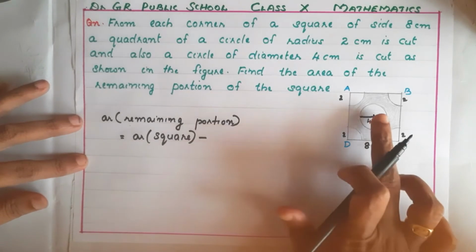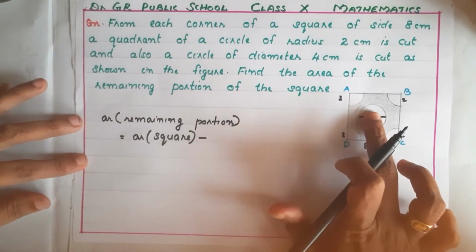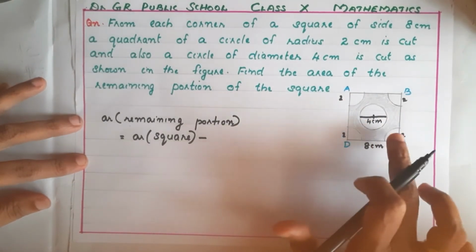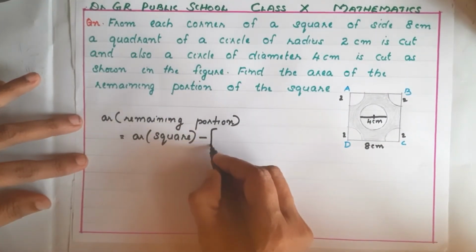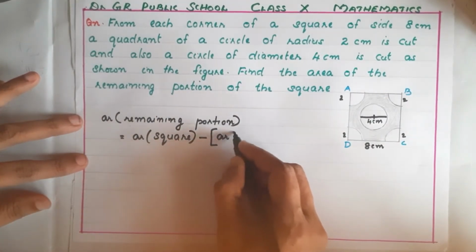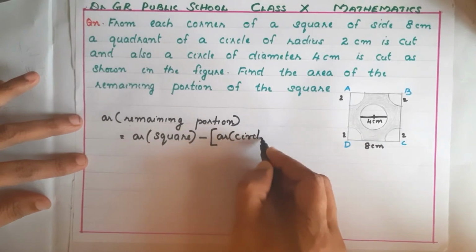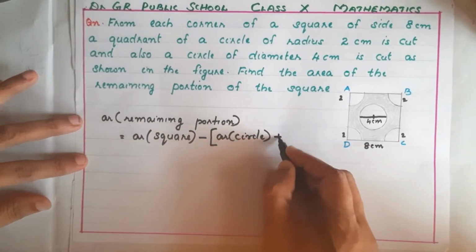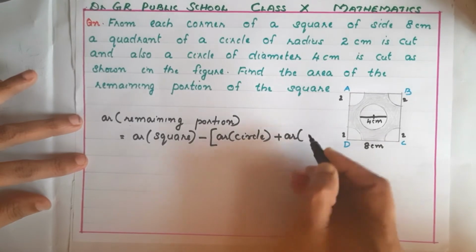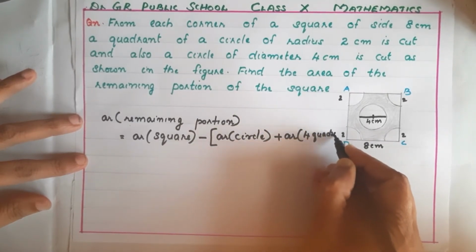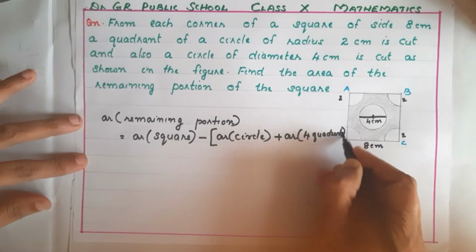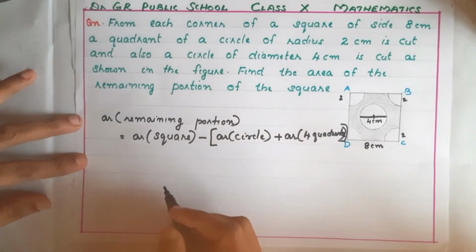We removed one complete circle and the area of these 4 quadrants. So, area of circle plus area of 4 quadrants. Okay, children.